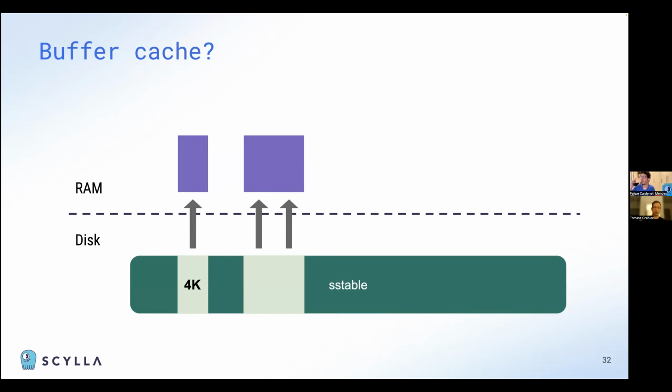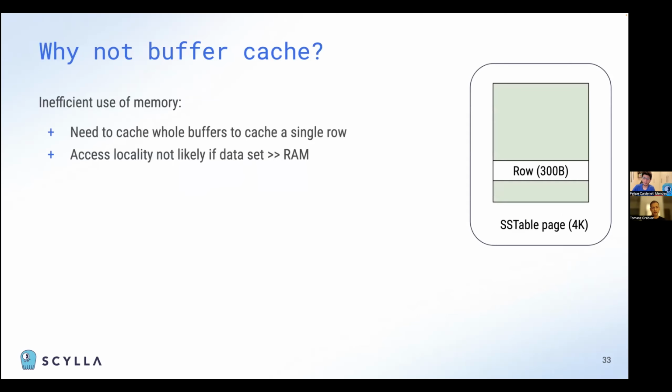And that's pretty easy. But that's not what we do, and there are several reasons why we don't do that, and you don't want to do that. One of the reasons is that it results in inefficient use of memory.